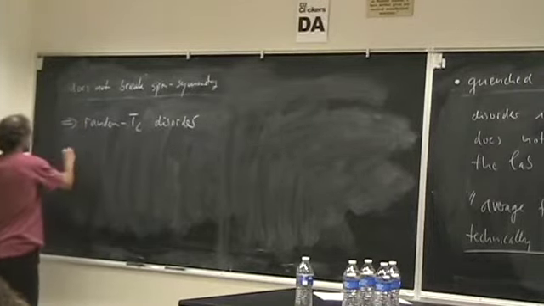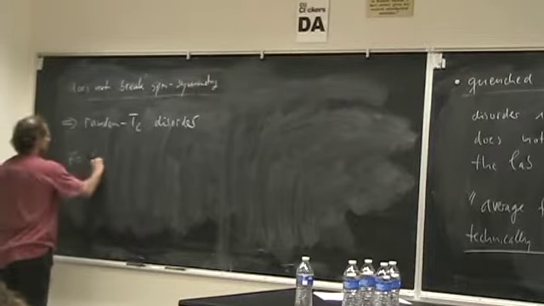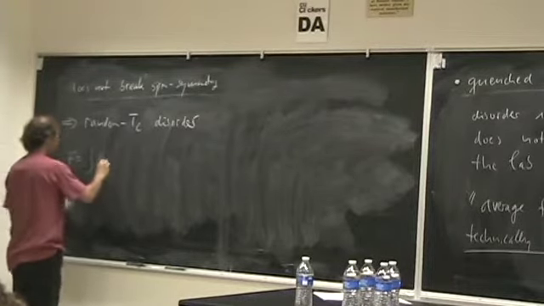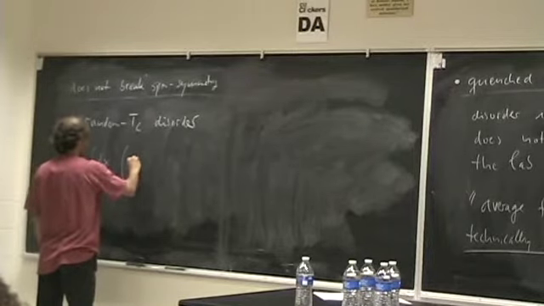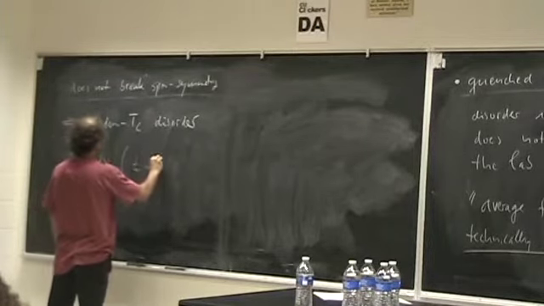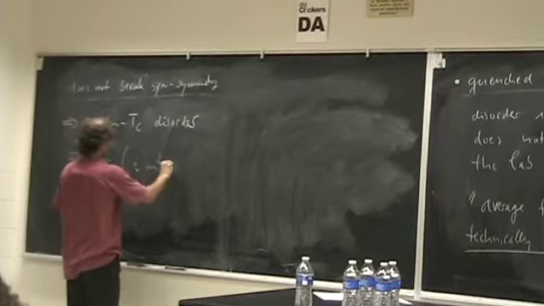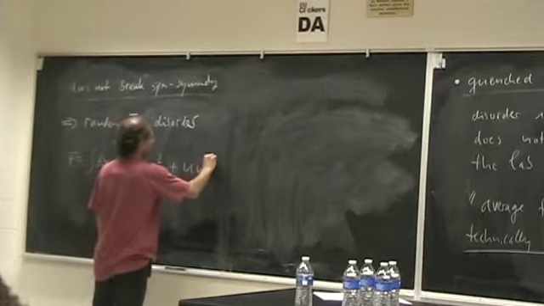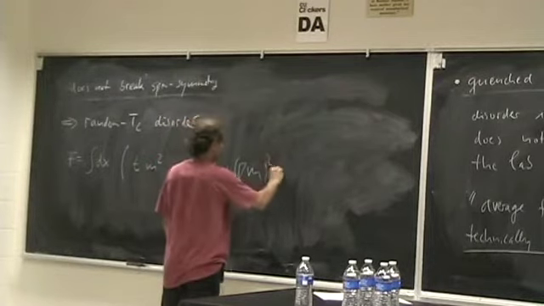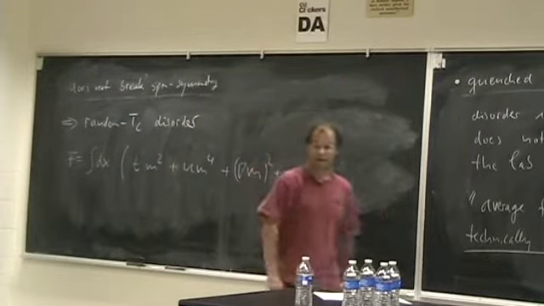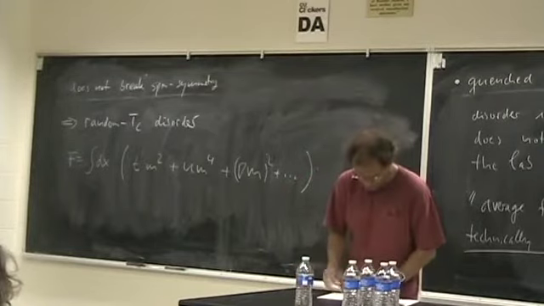So then our Landau-Ginzburg-Wilson theory would look like this. What did we have? t m squared plus mu m to the 4 plus the gradient of m squared, and maybe all types of higher order terms, right?